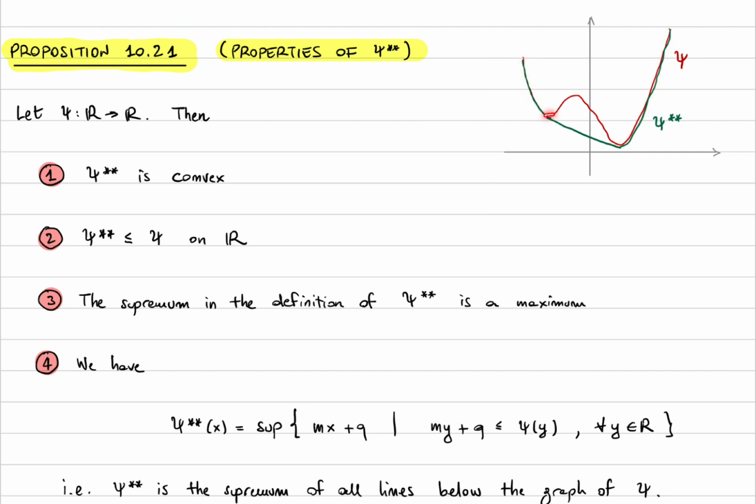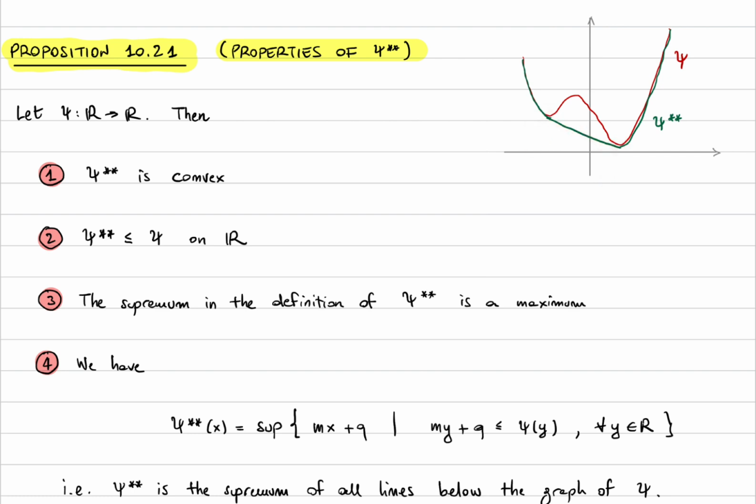And instead, in this part of non-convexity, you just have to take pointwise the largest convex function, which is always below the graph of psi. And in this case, you just join these two points with a line. So psi star star would be this line between these two endpoints, A and B, let's say.